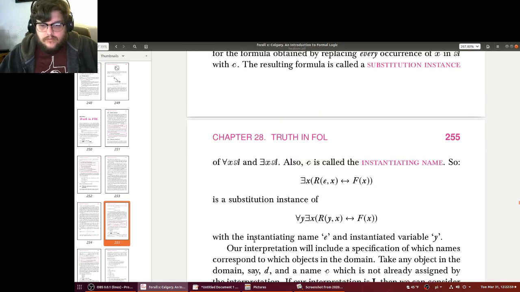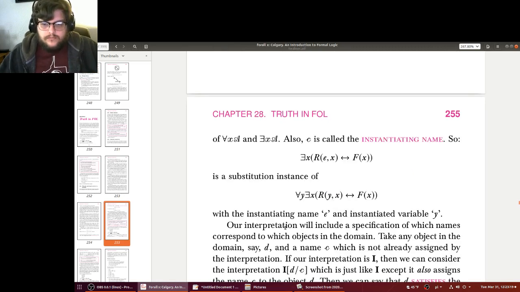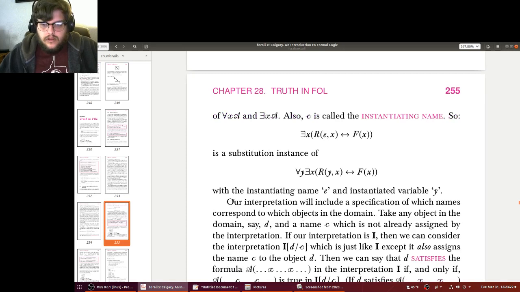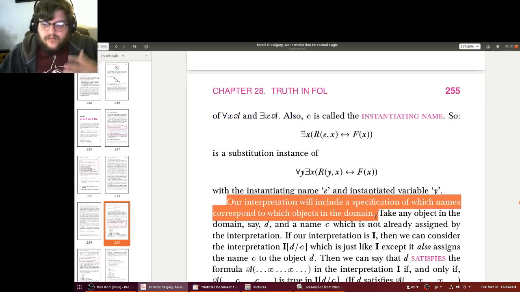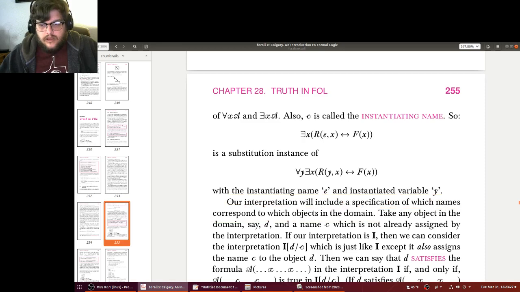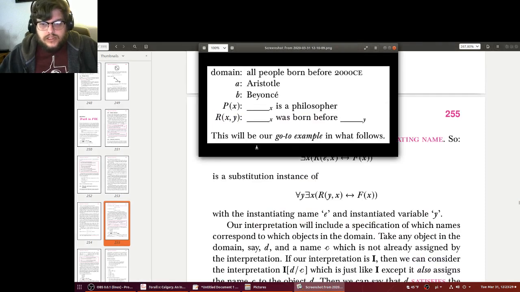They say the instantiating name is e. So the name that was replaced when removing a quantifier is called the instantiating name, and the variable that was instantiated was y. The thing that was replaced was y. Now, when we specify an interpretation, we give all the names. Okay, so in this interpretation for this example, we said lowercase a and lowercase b. Those were the only names we could use.